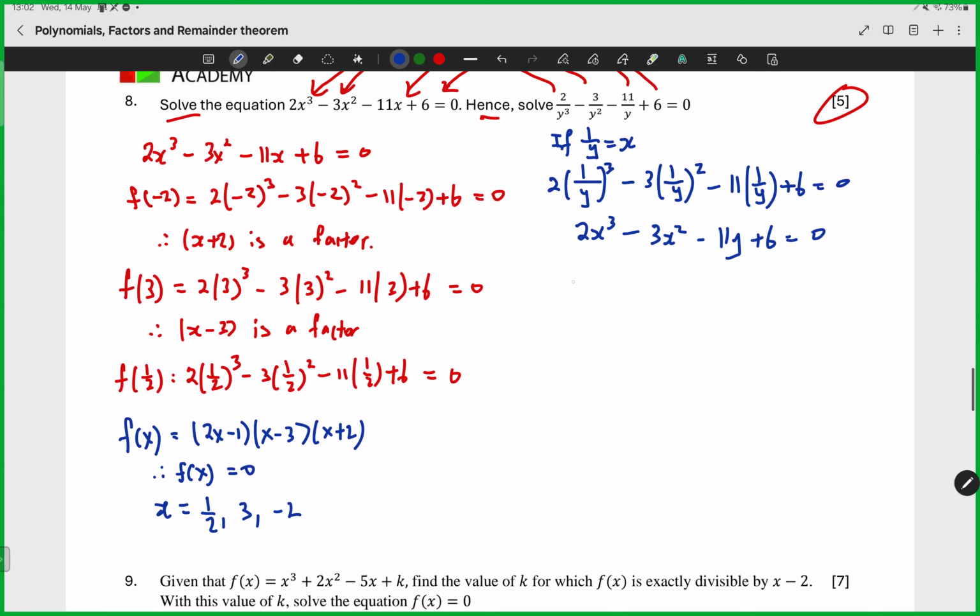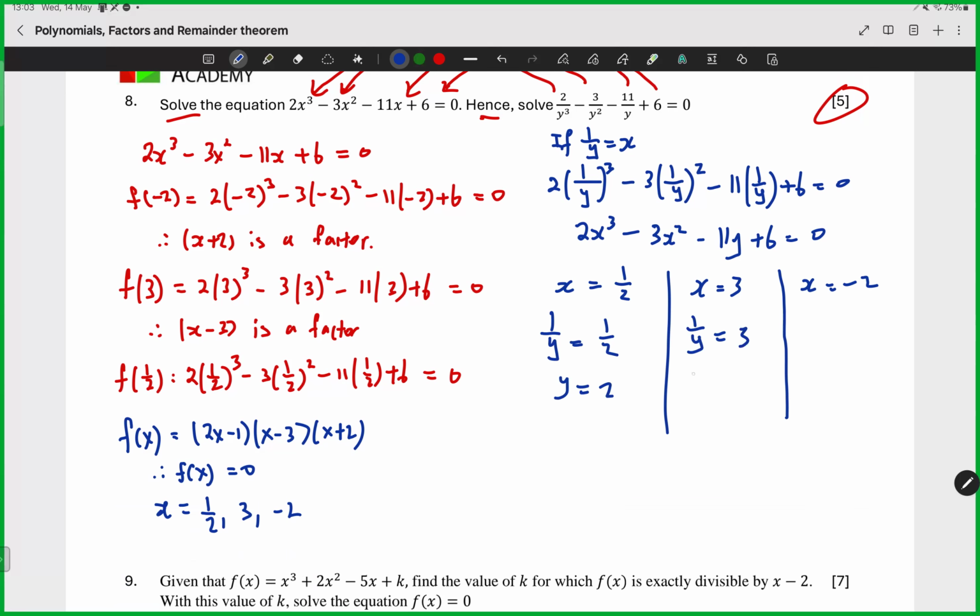Since we already know that x equals half, 3, and negative 2, we reverse it. 1 over y equals half, so y equals 2. 1 over y equals 3, so y equals 1/3. 1 over y equals negative 2, so y equals negative half. These are my solutions.